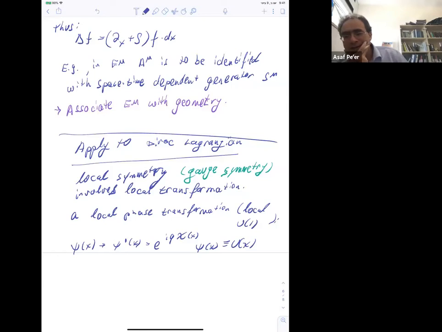So now chi is not just a number, but a function. It's a well-behaved, continuous function, but it's still a function of space and time.